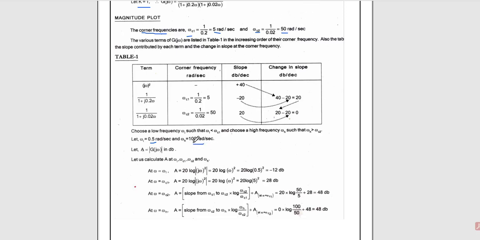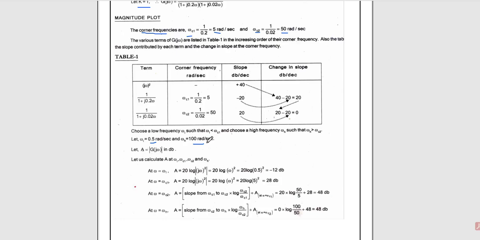Instead of 0.5 you can also assume 1. Below 5 you can assume any value, but it is better to assume 0.5. 0.1 you can also assume. Then more than 50, that is 100 radians, we have assigned. While plotting the graph you will see that 50 and 100 will have a small gap only.